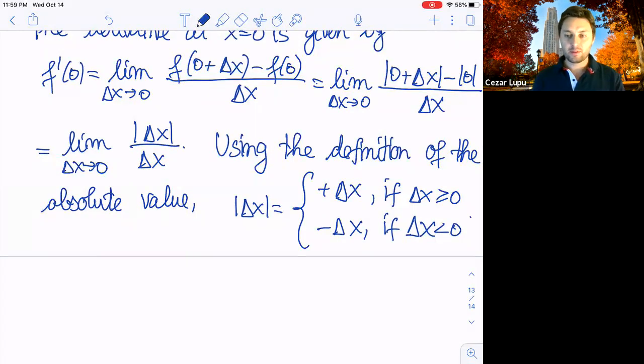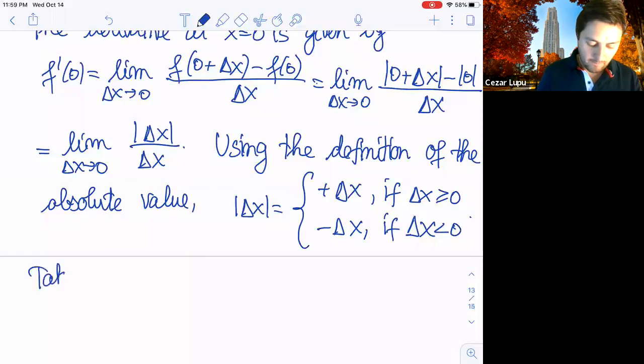And now, guess what? We will have to take the left-hand limit and the right-hand limit, and you'll see that the derivative from the left and the derivative from the right, these two limits, in other words, will not coincide. So we can say that the limit does not exist, and therefore the derivative will not exist at the point x equals 0. So let's see that.